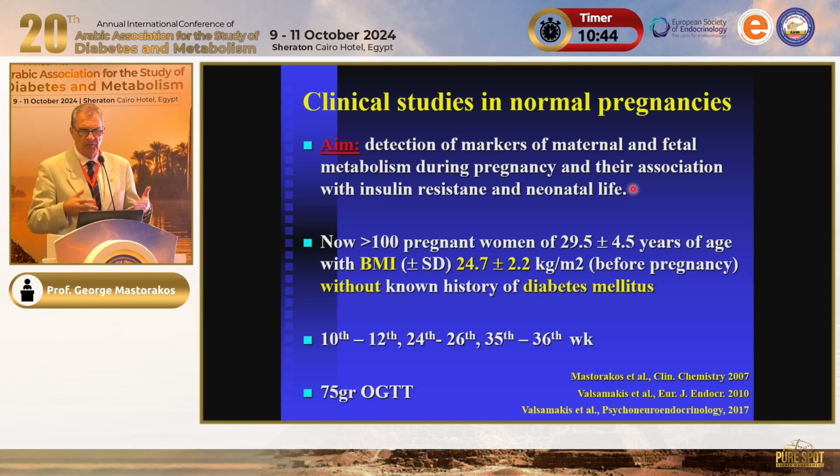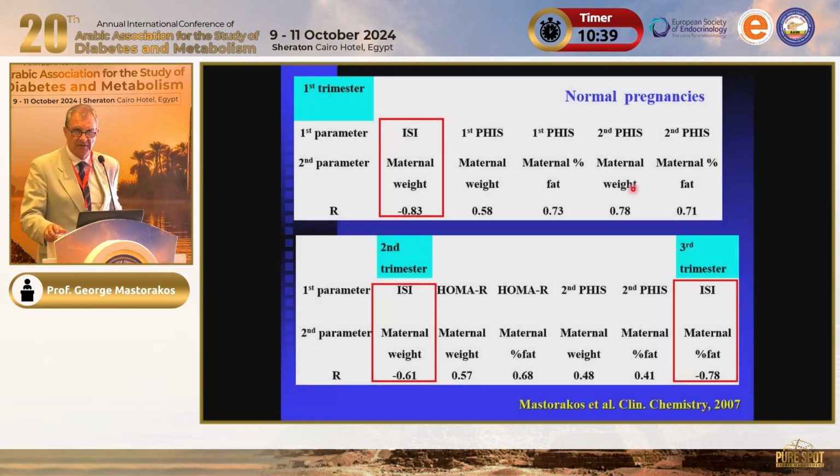And we performed different tests, and among them, of course, 75-gram OGTT tests. And by doing mathematical calculations on the results of insulin and glucose production during these OGTTs, we were able to extract interesting markers such as the insulin sensitivity index, or the markers of first phase and second phase of insulin secretion during OGTT.